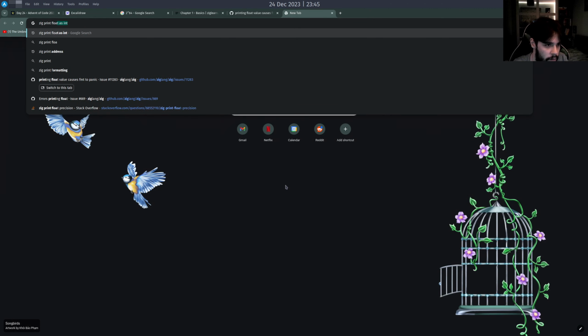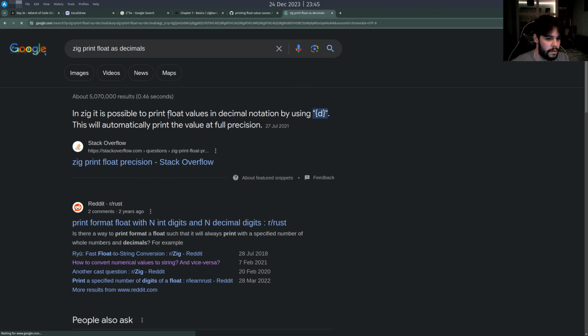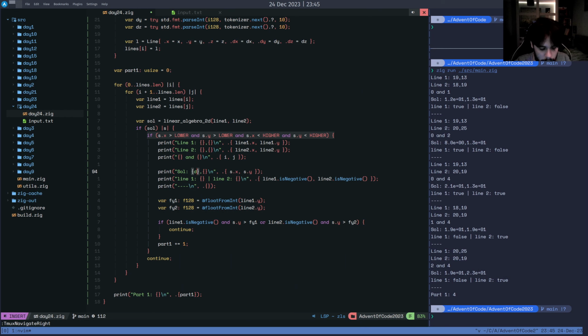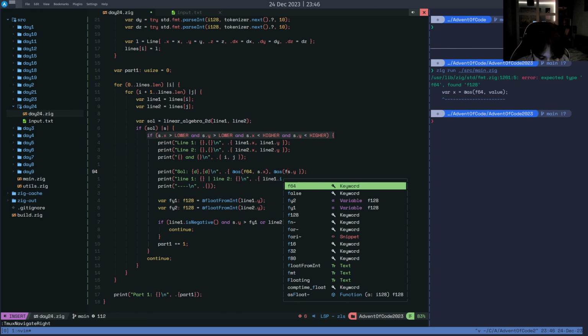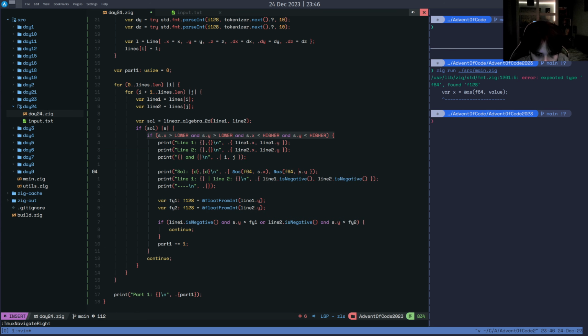Zig print float as decimals. D, is that it? For double maybe? No. F64, oh, okay, I mean fine, as F64.